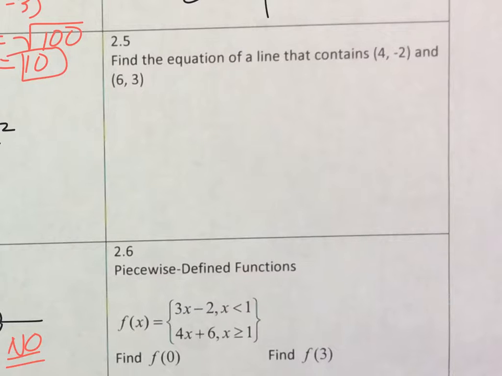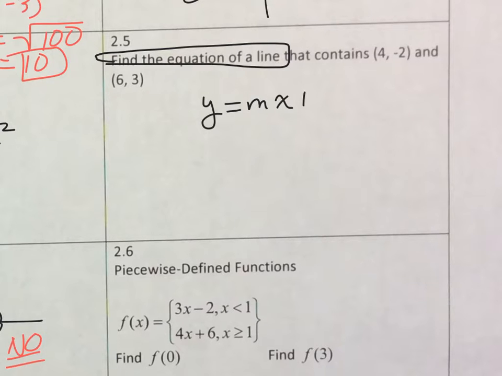In section 5, we were writing equations of lines, and I kept stressing over and over that if it says these 6 words, find the equation of a line, that we want to go y equals mx plus b, and we want to find the m first and the b second. So in this problem, to find the m, we'll use the slope formula.